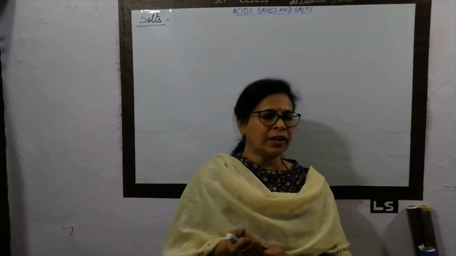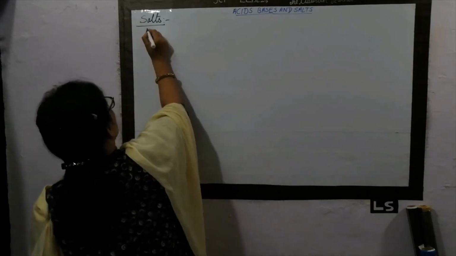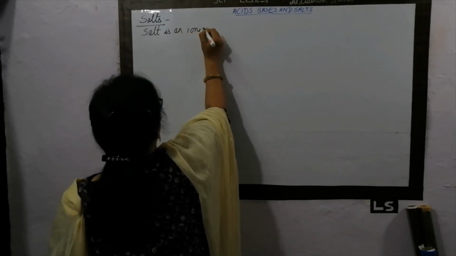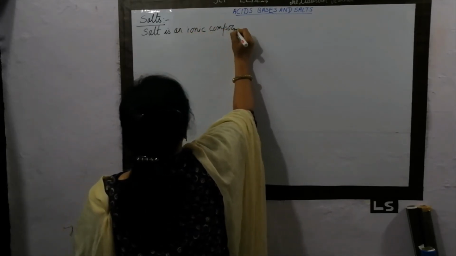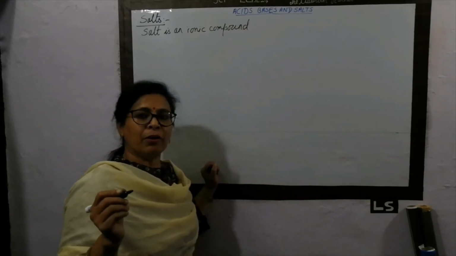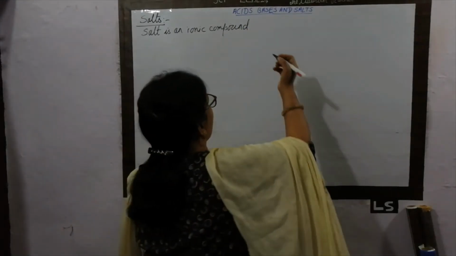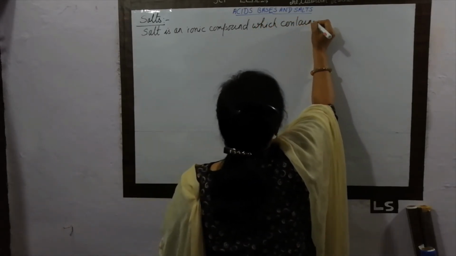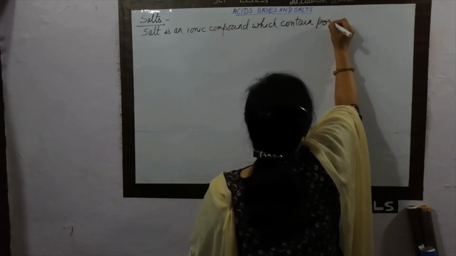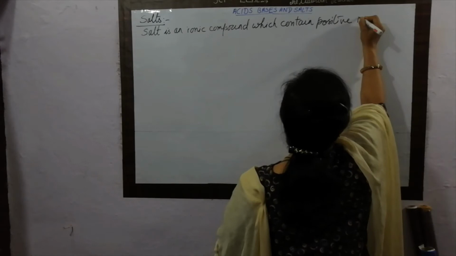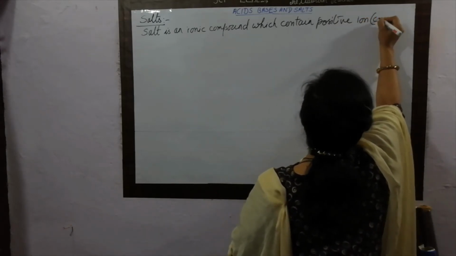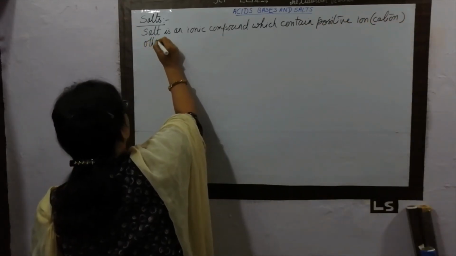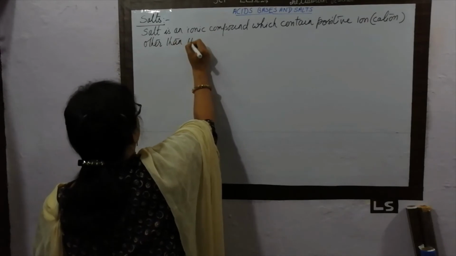Now how can we define it? Salt is an ionic compound. What is the meaning of the word ionic compound? It means it is made of ions only, which contain two ions. One is the positive ion, and we call the positive ion the cation, other than the H+ ion.